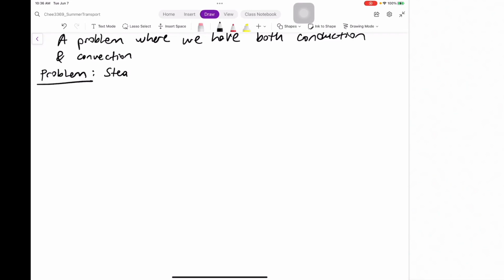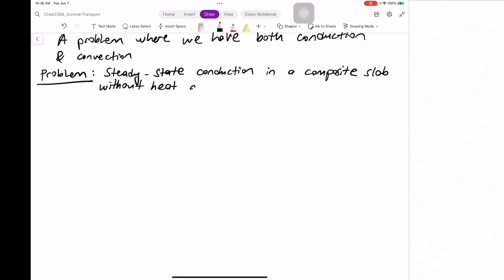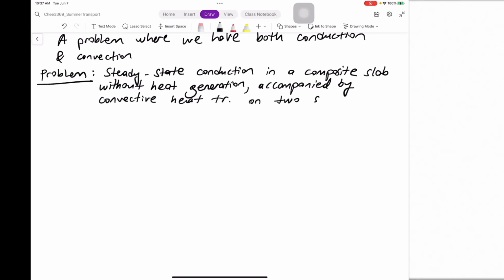So let's call this steady state conduction in a composite slab without heat generation, accompanied by convective heat transfer on two sides.